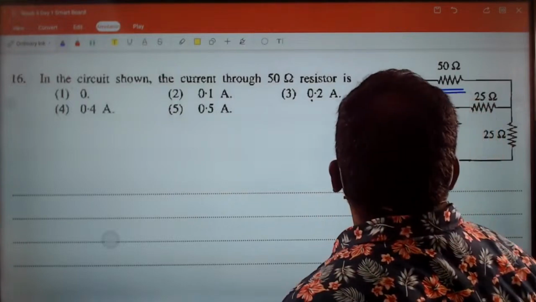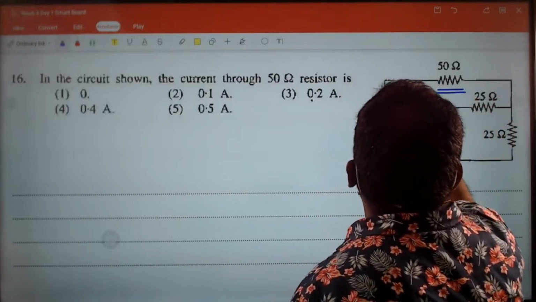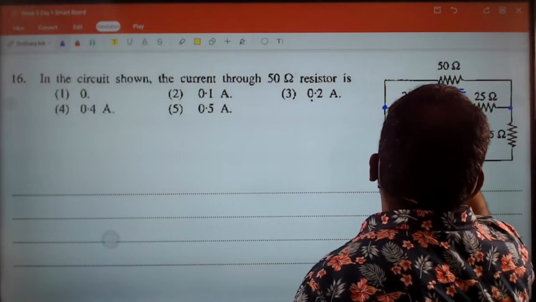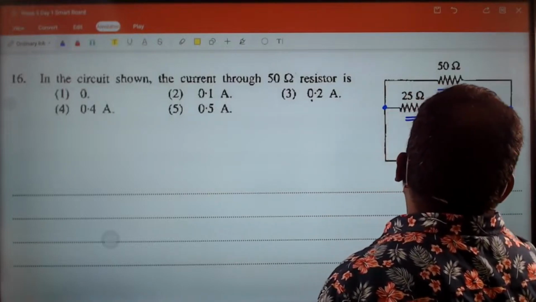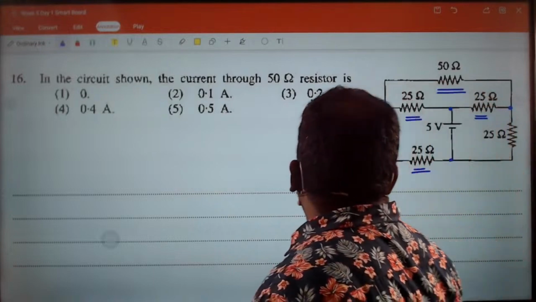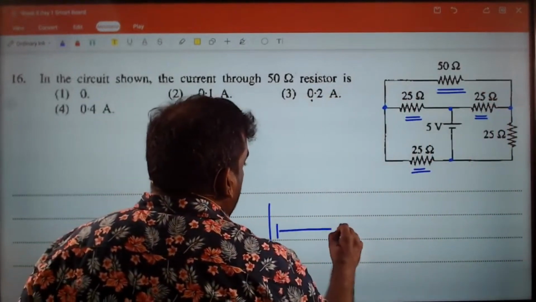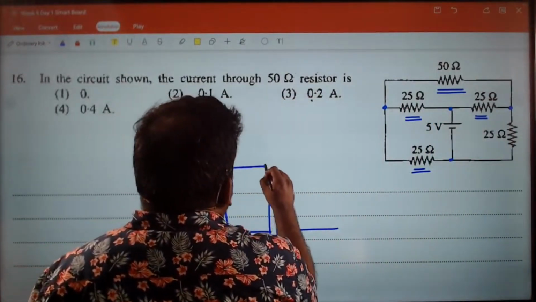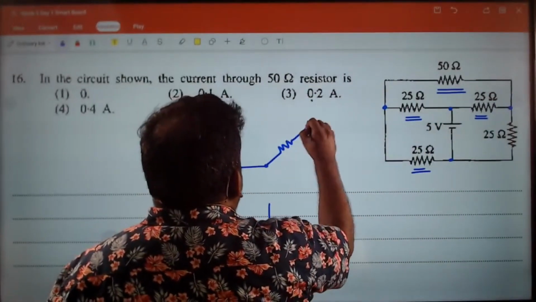Okay. Now, this is connected here, across 25, 25, 25, 25. So, I'll mark the battery. The positive terminal is connected across two 25s.